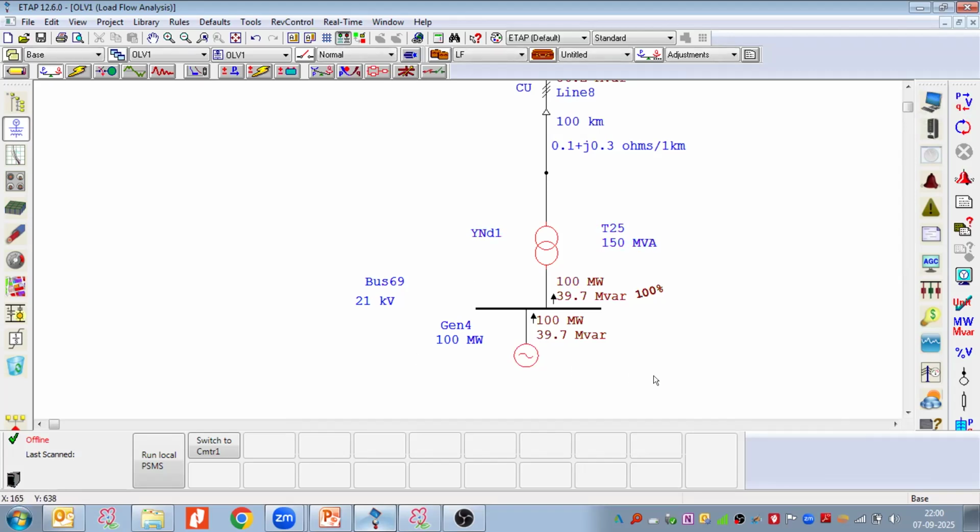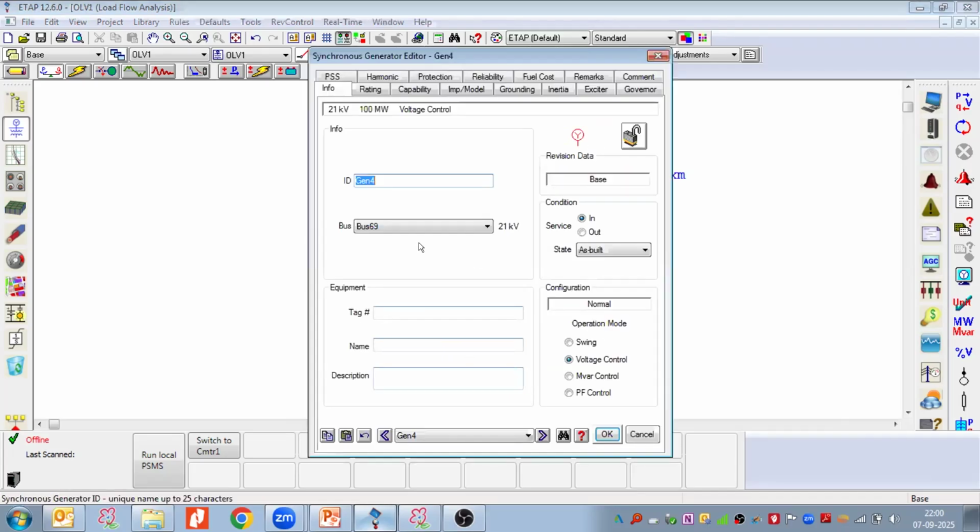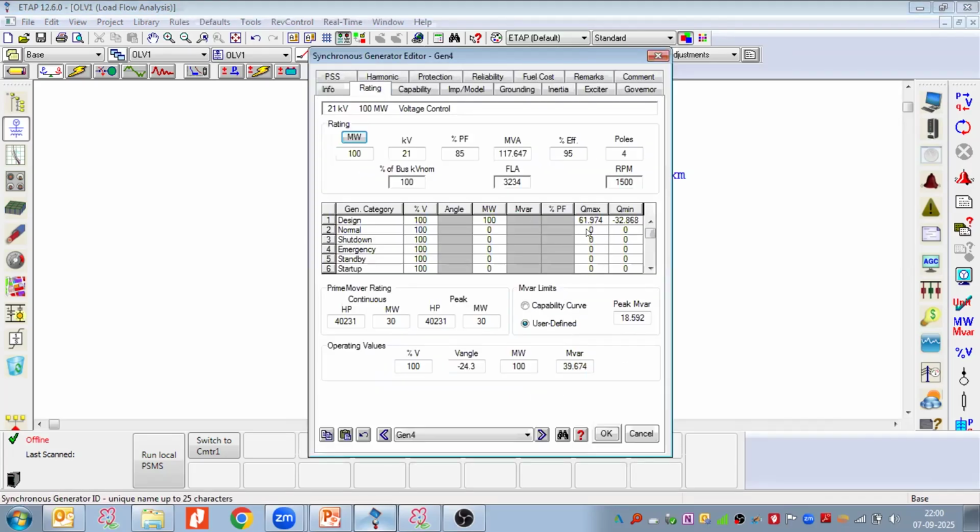Earlier the generator was absorbing or consuming 8.2 MW from the grid. Now they are supporting the grid. Whatever reactive power is required, my generator capability limit is 61, so up to this much power they can provide to the grid.